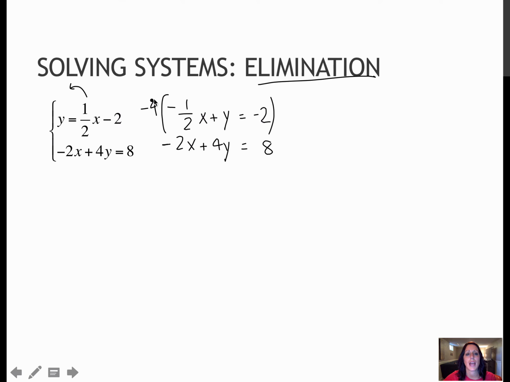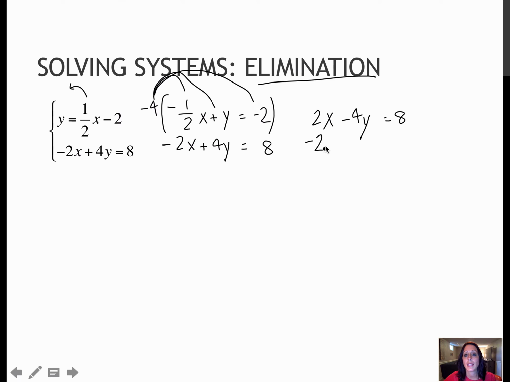So watch what's going to happen now. Negative 4 times negative 1 is positive 4, divided by 2 is 2, so that leaves me with 2x. Negative 4 times positive y is negative 4y, and negative 4 times negative 2 is positive 8.